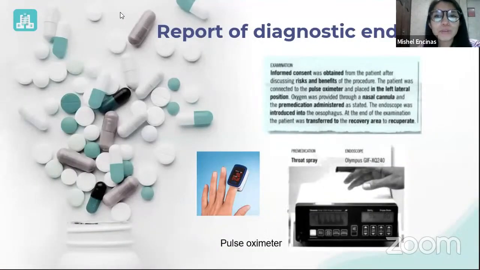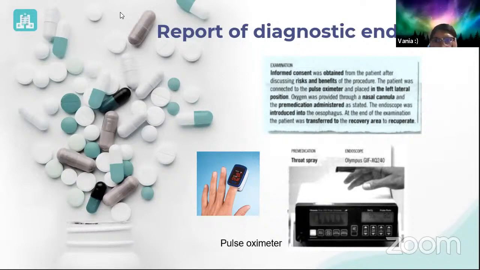Okay, Vania, can you read this part, please? Report of diagnostic endoscopy. Examination. Informed consent was obtained from the patient after discussing risks and benefits of the procedure. The patient was connected to the pulse oximeter and placed in the left lateral position.